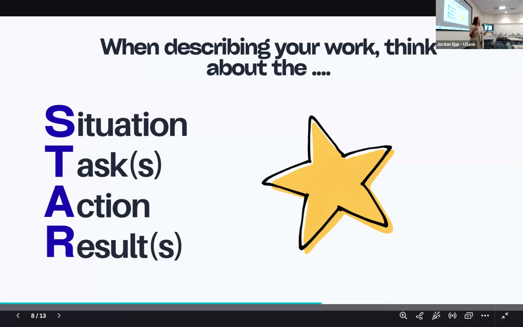So it's a little bit different story than, oh yeah, one of our teammates didn't do their work, right? So it tells a different story. And you're hitting all of those points in the STAR. And it's helping the person listening have a better picture of what was actually going on, right? So just a helpful way of telling a story for folks who don't know the context that you're coming from.